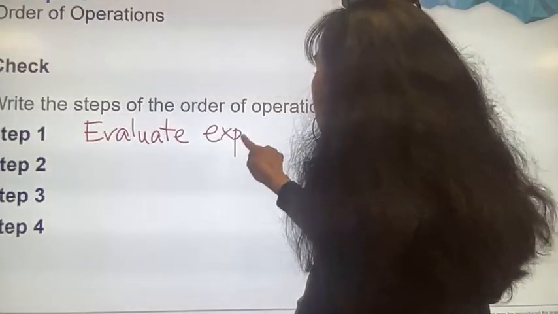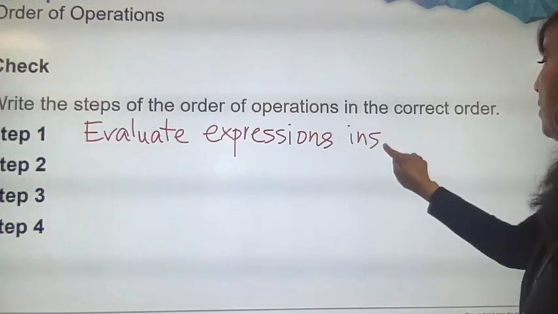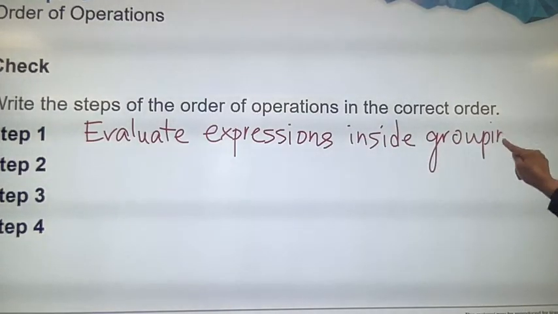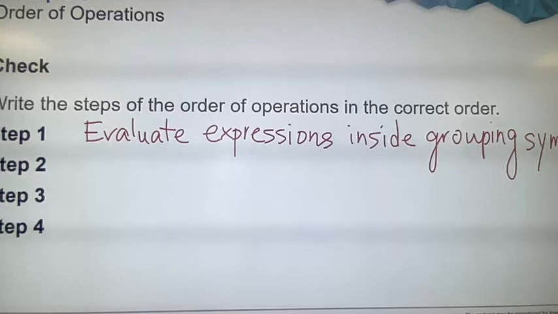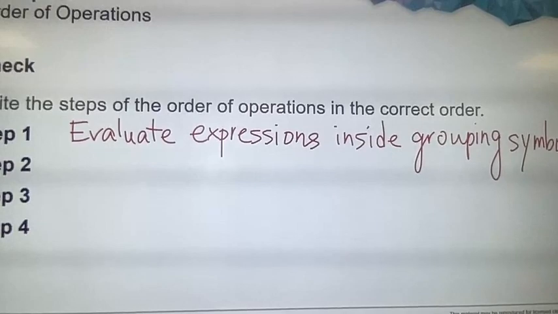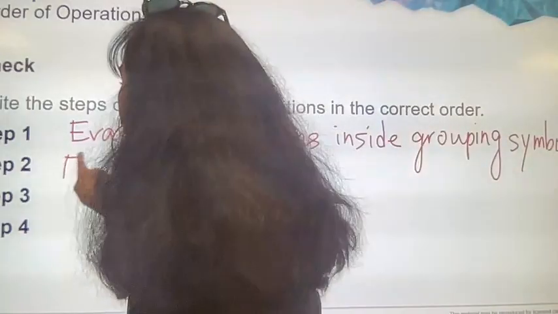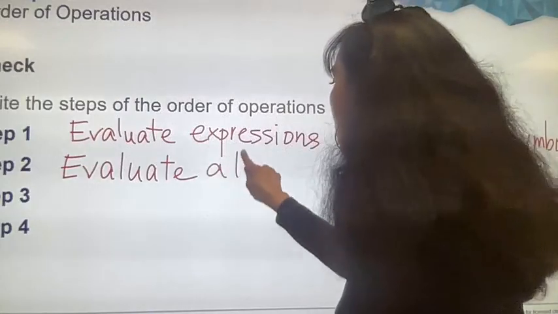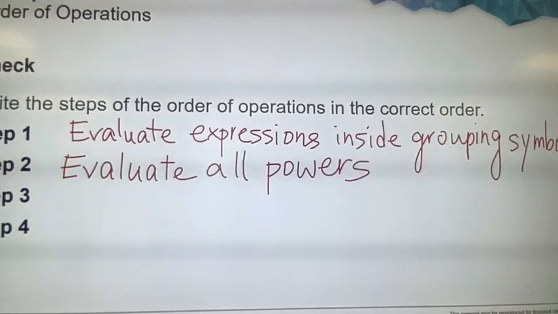So that is my first step. So basically I'm doing everything which is like in parentheses first. Next, I'm going to do exponent. So evaluate all powers, all powers. That is my second step.